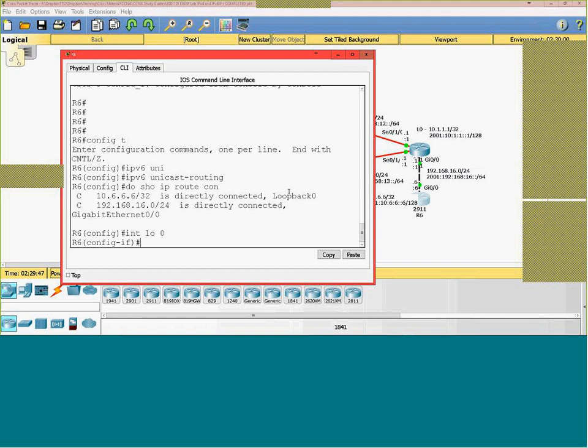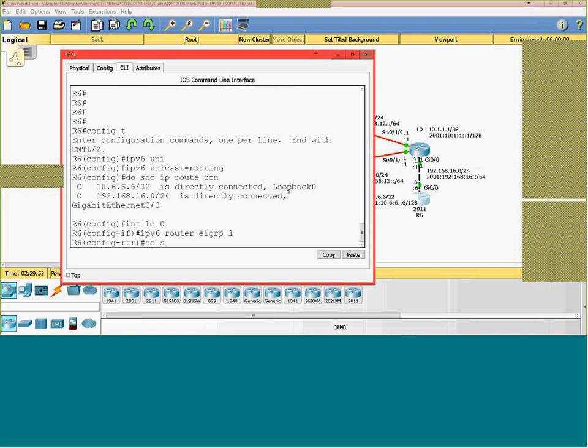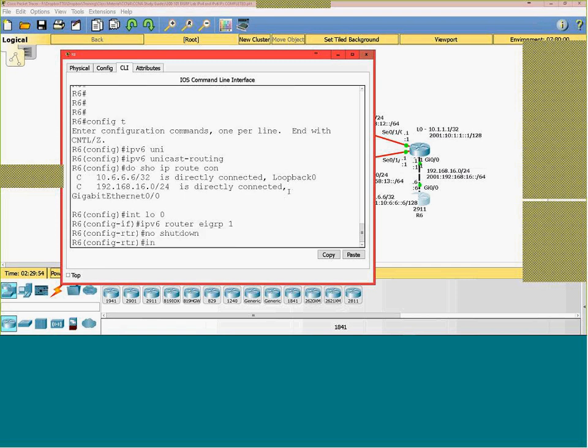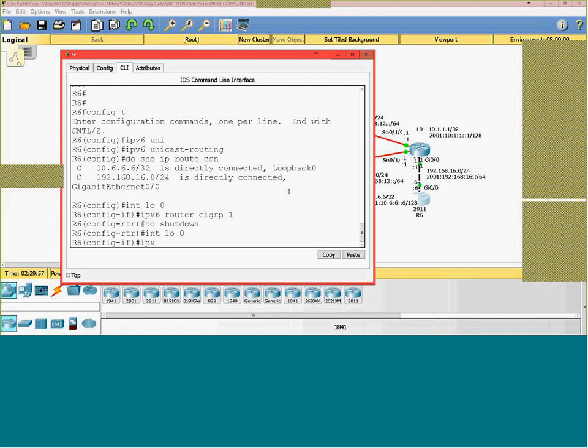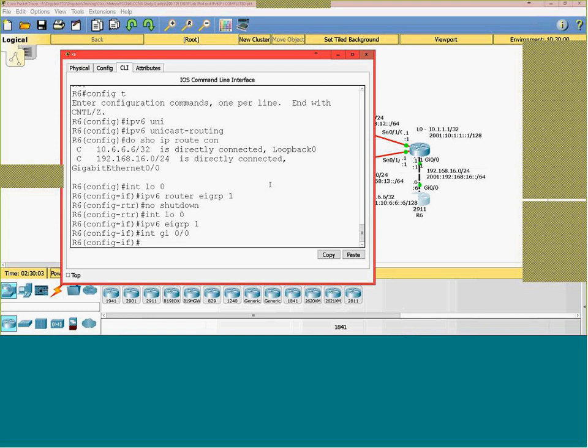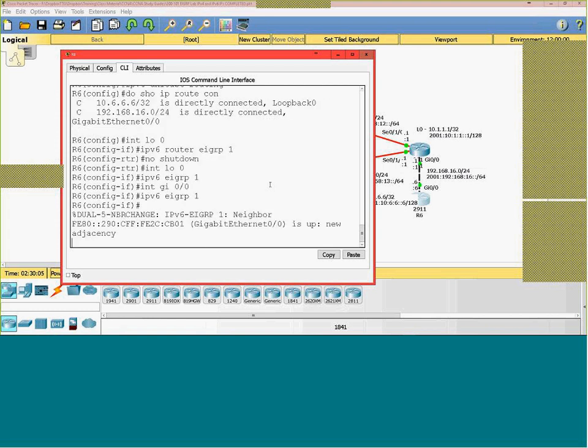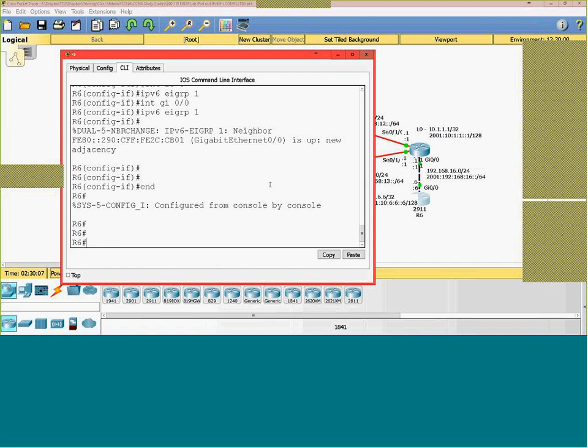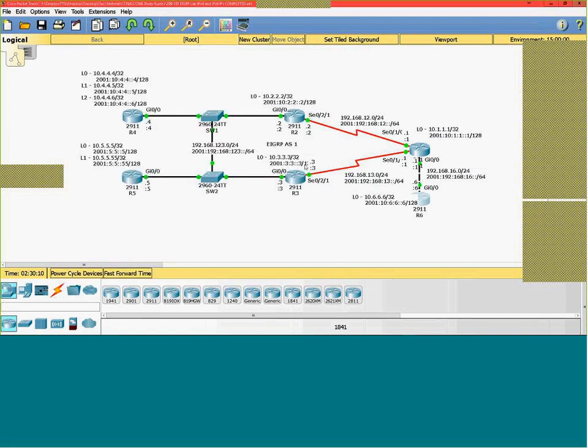Oops, I forgot to do IPv6 router EIGRP1, no shutdown. Interface LO0, IPv6 EIGRP1. Interface GI00, and I should get a neighbor relationship. So there we go. I've completed the configuration for IPv4 and IPv6.